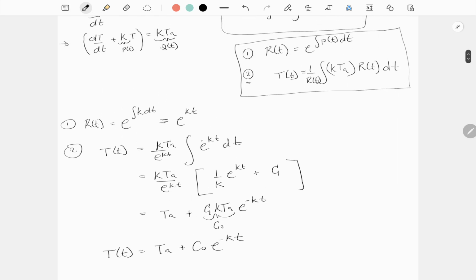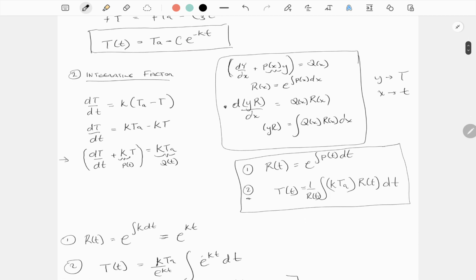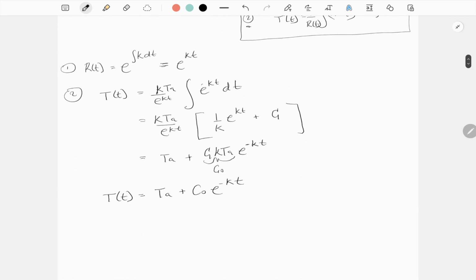Okay, let's compare that to what we have up here. We have a minus c, but because it's an arbitrary constant, it could be a plus c. So what we could do is say let c equal negative c naught, because it's an arbitrary constant. I'm just trying to show you that they're the same.